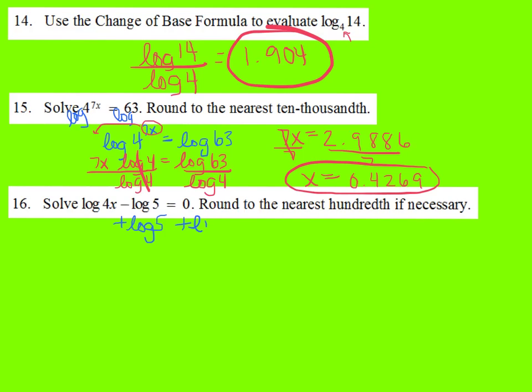Because then when I do that, I end up with log 4x equals log of 5, which is a really easy problem because when we have a log on both sides, as long as they have the same base, and they do here because it's that invisible 10, then my log should just completely cancel out, and I can just say that 4x is equal to 5.